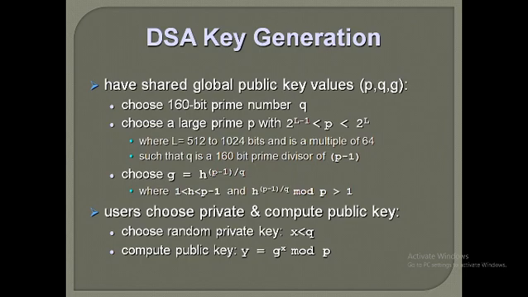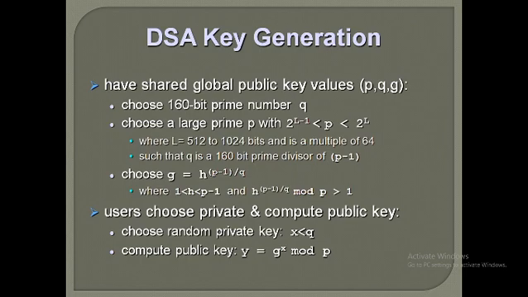So the DSA key generation uses a 160-bit prime number Q, and it chooses a large prime number P, where P ranges from 2 power L minus 1 to 2 power L, where L ranges from 512 to 1024 bits and is a multiple of 64.